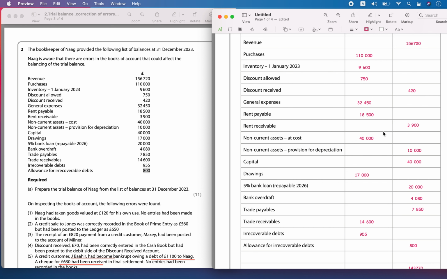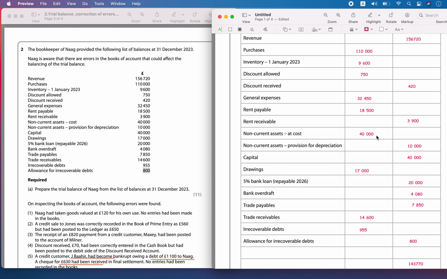Now let's calculate the total on the debit side. 110,000 plus 9,600 plus 750 plus 32,450 plus 18,500 plus 40,000 plus 17,000 plus 14,600 plus 955.